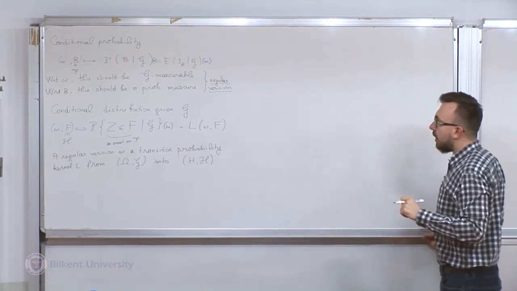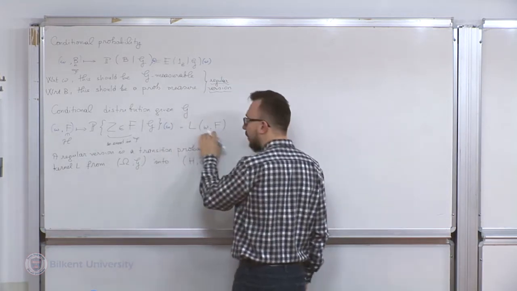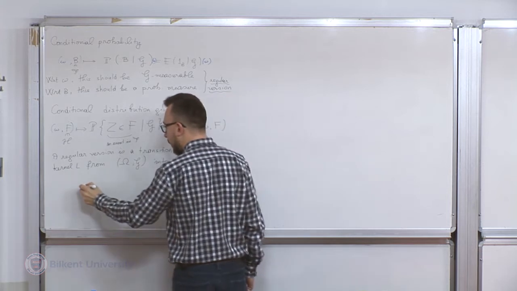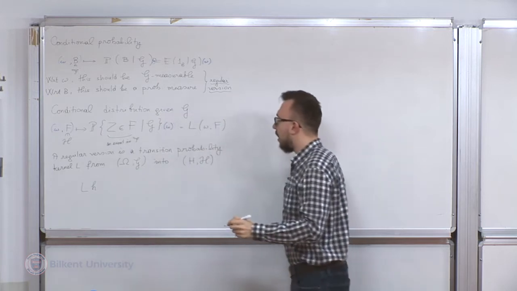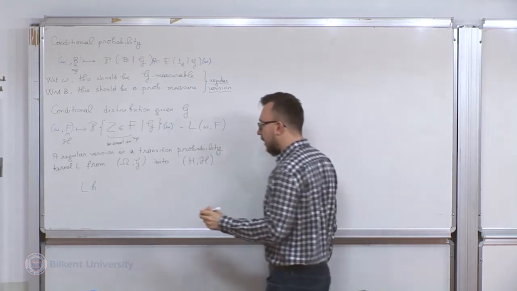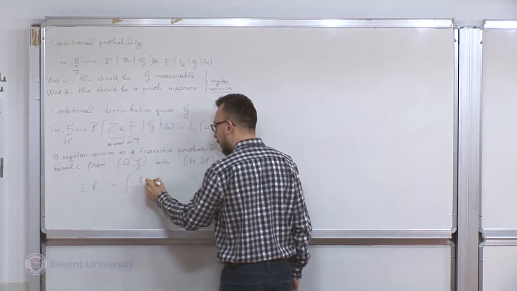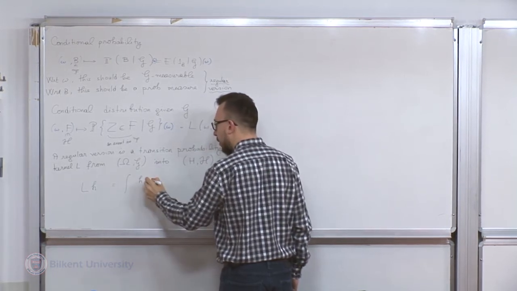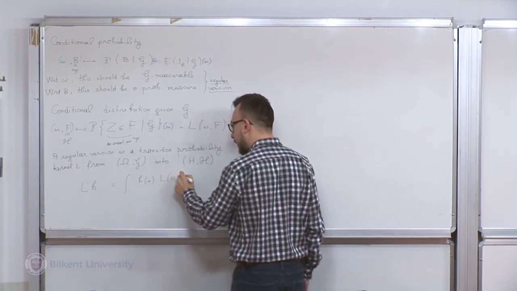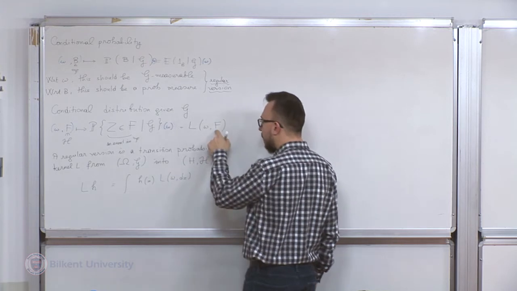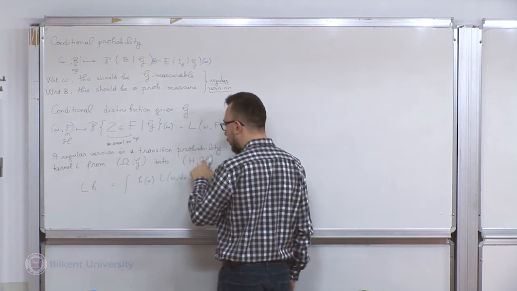And with this regular version, you can indeed use it for integration. So if you integrate a function h with respect to L, meaning that if you integrate h of z, L omega dz, because this part is a measure on H, right?